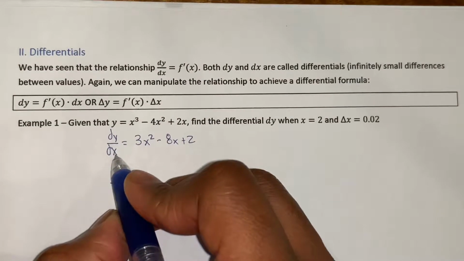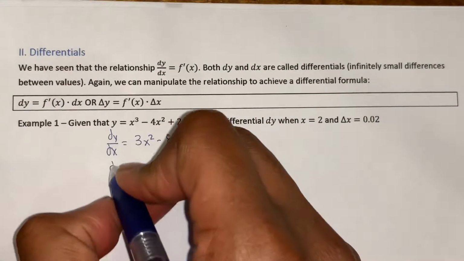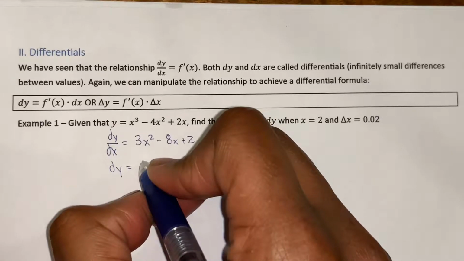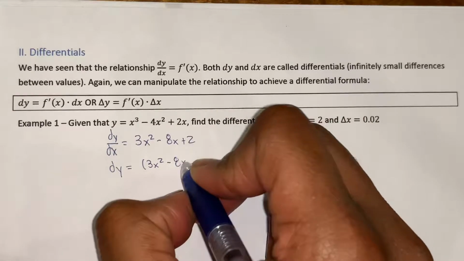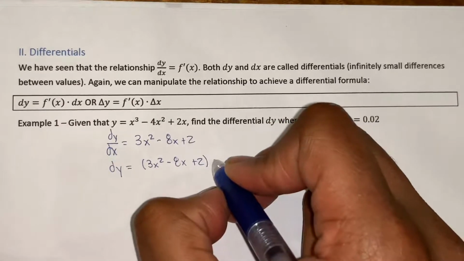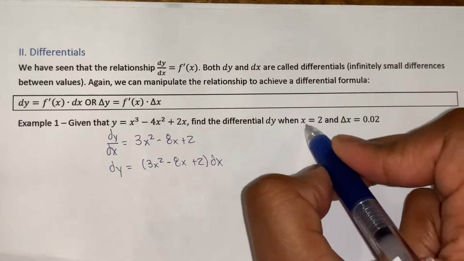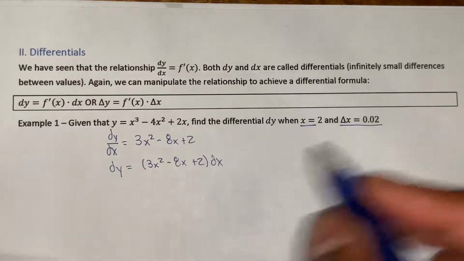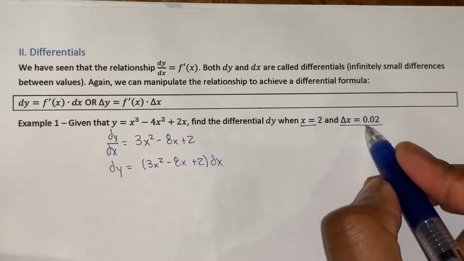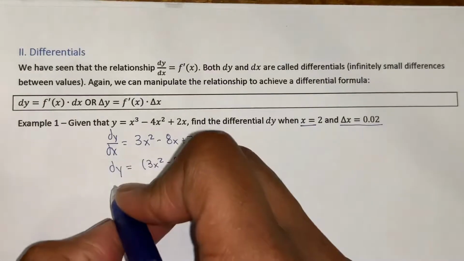We multiply dx to the other side, we get dy equals, in parentheses, 3x squared minus 8x plus 2, times dx. We're given x equals 2 and delta x, or dx, is 0.02.